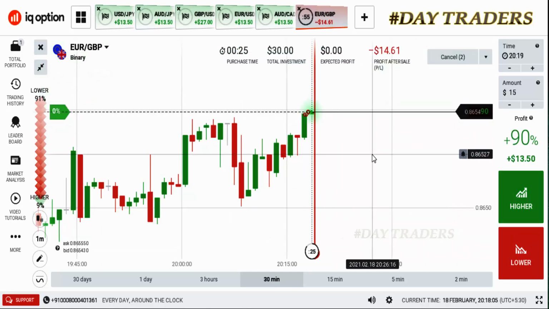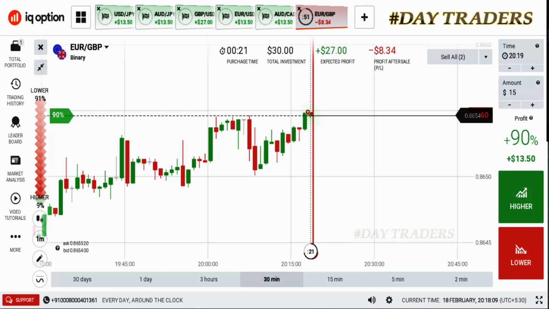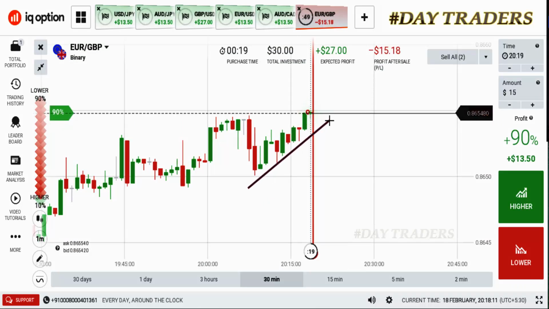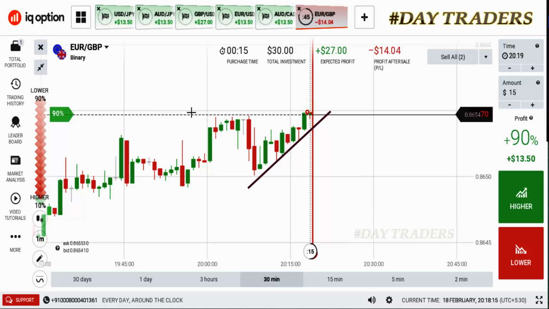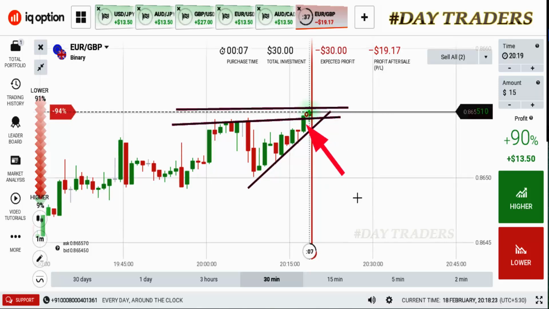This is a confident trade. Easily the sellers enter, no doubt. Why? Because it breaks the sellers' area, and this is also a round number, and this is a marubozu candle. That's the reason I place a lower option.